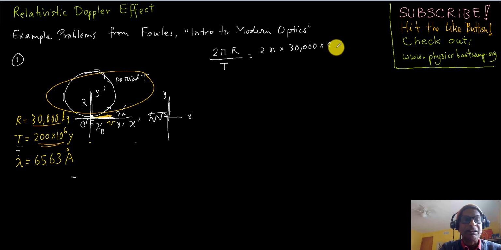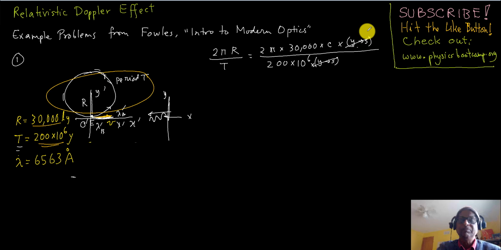This is in meters per second. Then you have a conversion, multiply by how many seconds in a year. The time is 2 times 10 to the 6 years, then you convert years to seconds and those units cancel out.